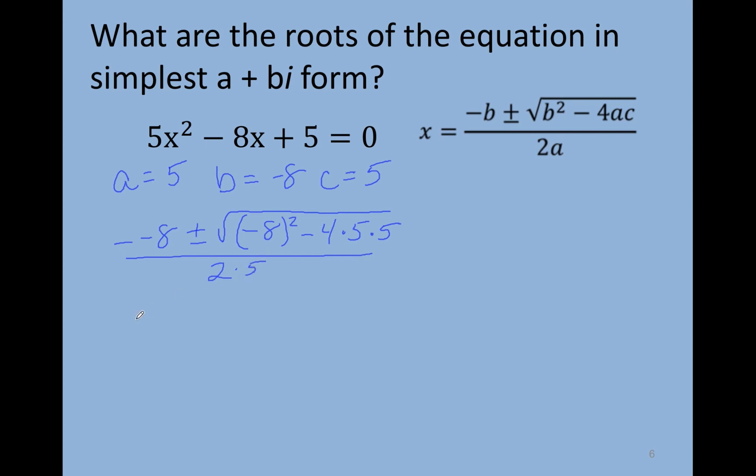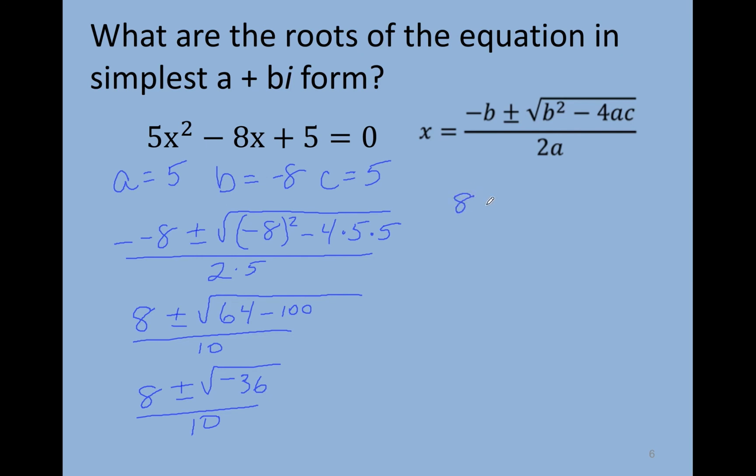Negative negative 8 is positive 8 plus or minus, negative 8 squared is 64. Negative 4 times 5 times 5 is negative 100, over 2 times 5, which is 10. So this is 8 plus or minus 64 minus 100 is negative 36 over 10.